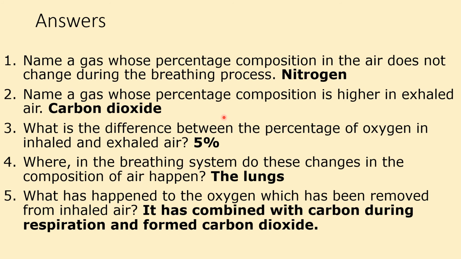A gas whose percentage composition is higher in exhaled air is carbon dioxide. What is the difference between the percentage of oxygen in inhaled and exhaled air? 5%. Where in the breathing system do these changes in the composition of air happen? That's the lungs. And what's happened to the oxygen that's been removed from inhaled air? It is combined with carbon during respiration and formed carbon dioxide.